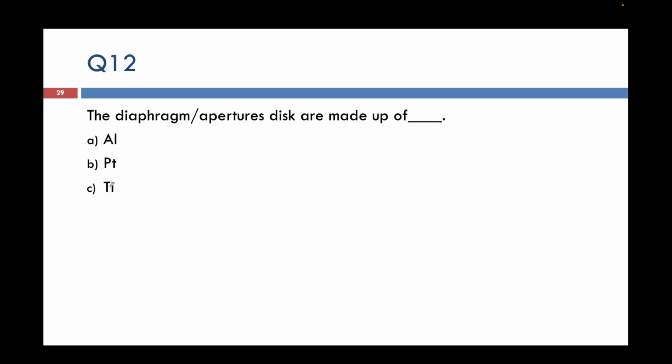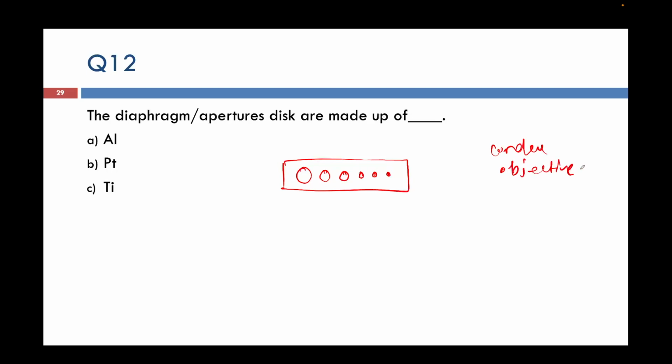Okay, the diaphragm or the aperture discs are made up of what? These discs are put in, whether it is a condenser aperture, objective aperture, or SAD aperture. These three types of aperture are there.